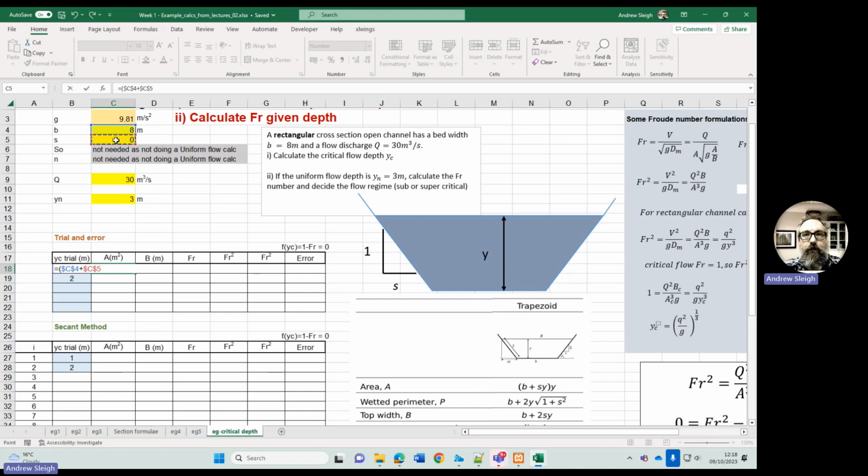And you see that the side slope is 0 because we're approximating a rectangular channel in this case, times by y, and I have to type that in as B18 again, B18 times close bracket times B18, the guessed value. And that comes out as 8.